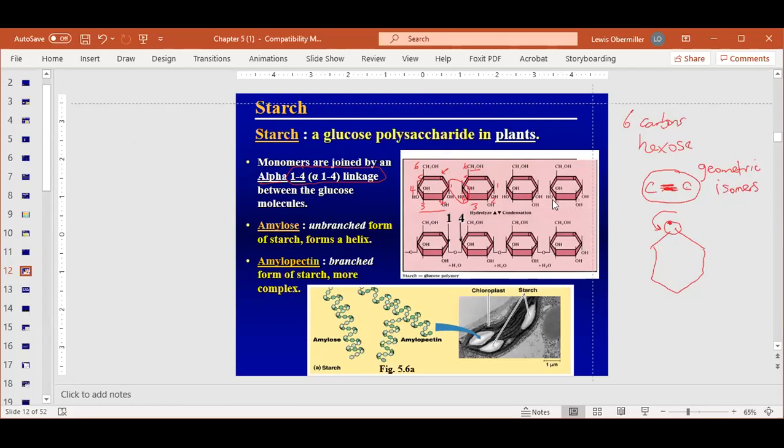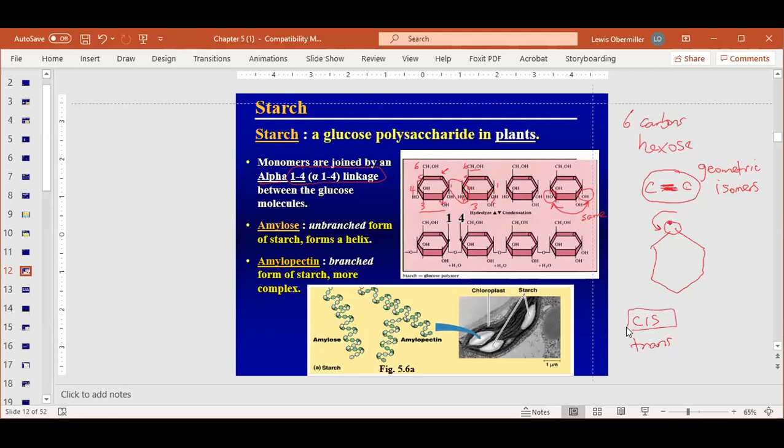Which are different. So these hydroxyls give it away, these hydroxyl functional groups, they're on the same side. And so if they're on the same side, what do we call that? It's either cis or trans. Cis.